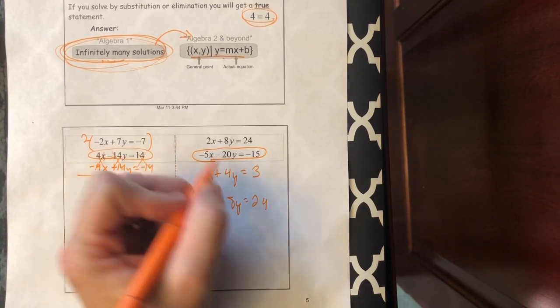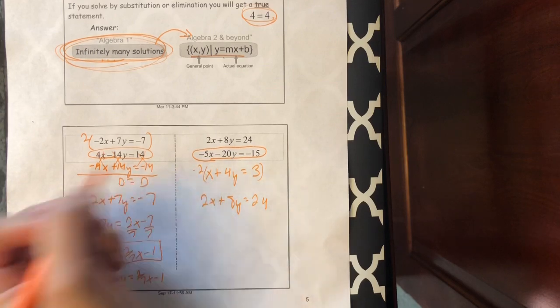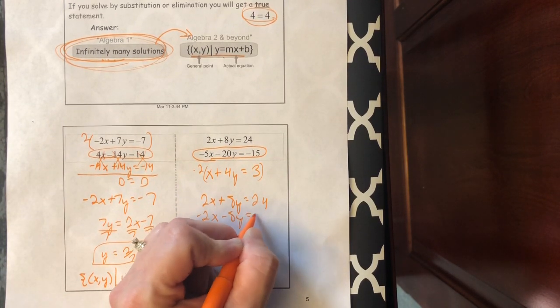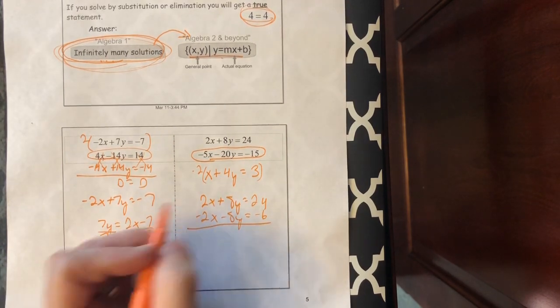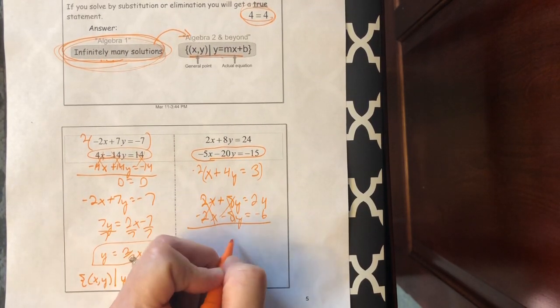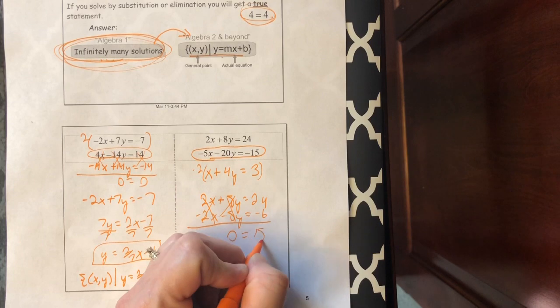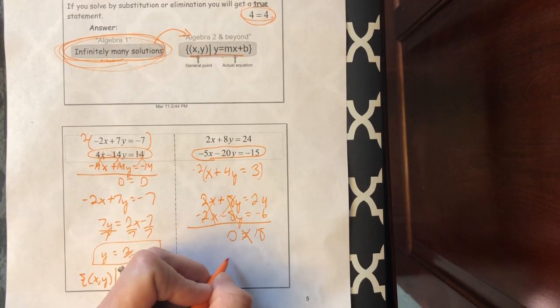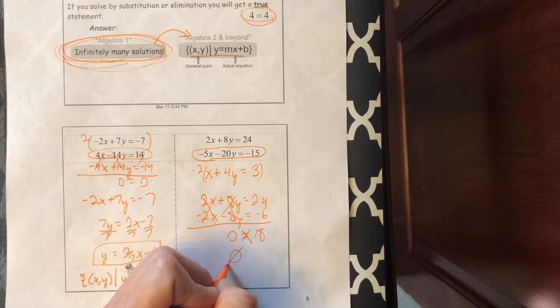So I might multiply this by negative 2. And so I have negative 2x minus 8y equals negative 6. And look what happens. These cancel out, so I get 0 equals 18. Well, that definitely is not true. So that's a case of parallel lines, and so you have no solution. And that's it.